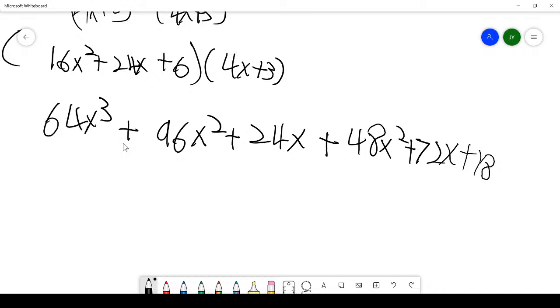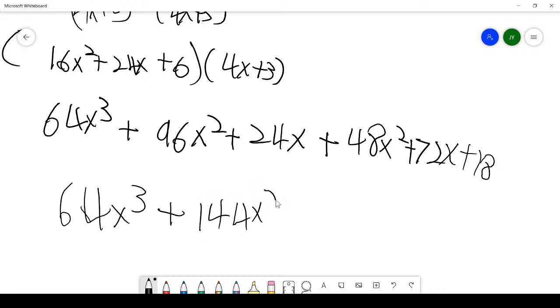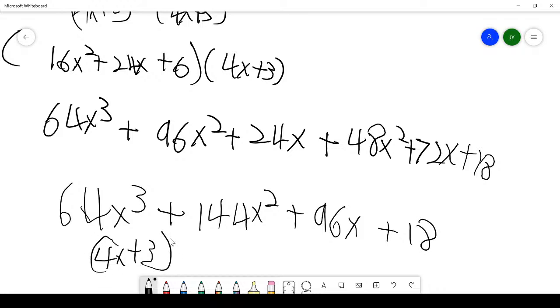And to clean it up, you have 64x to the third plus 144x squared plus 96x plus 18. That took a lot of work for what can be simplified down to something like 4x plus 3 to the third, I mean cubed, right?